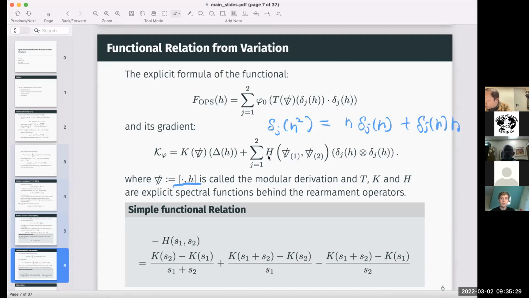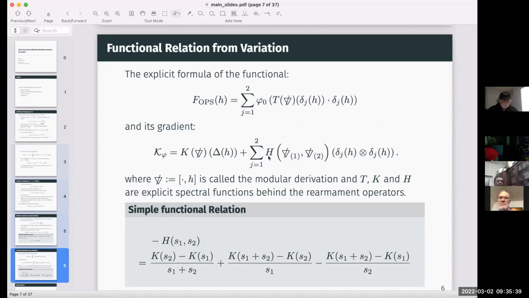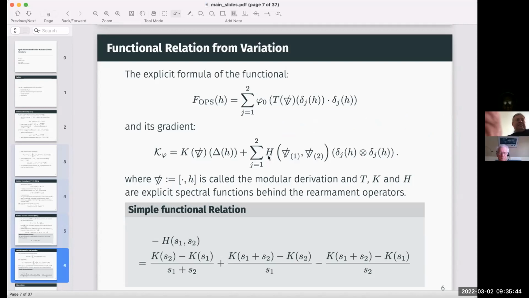Another example, which is somehow more sophisticated, is the Duhamel formula. Let me do some very quick computation.